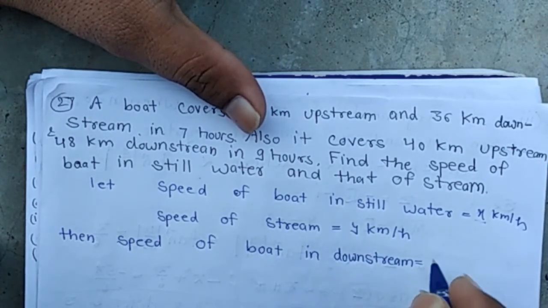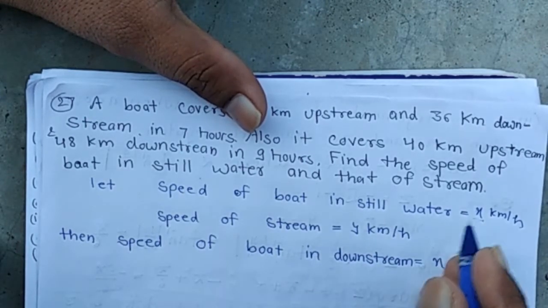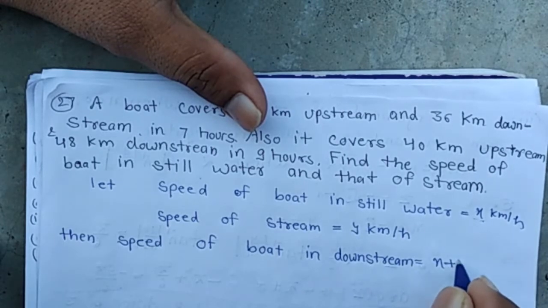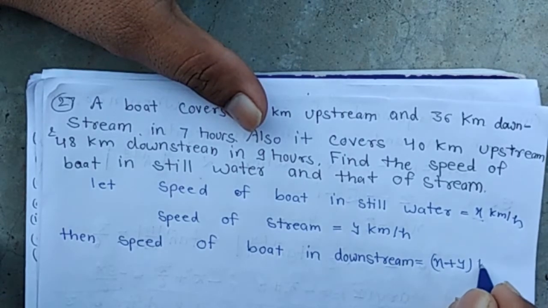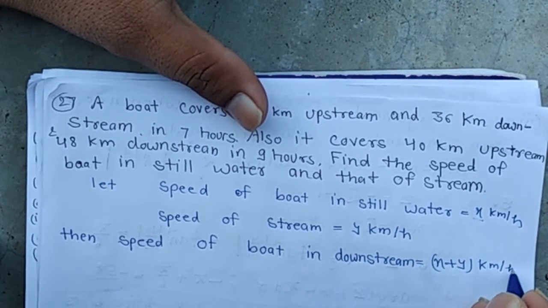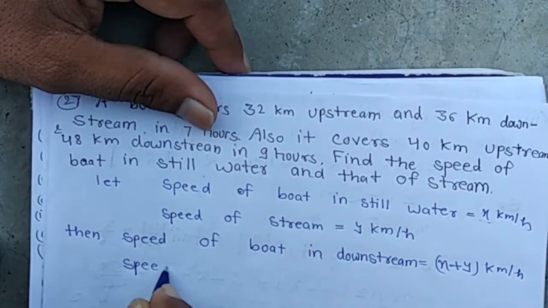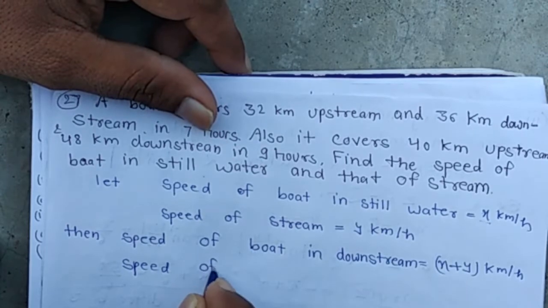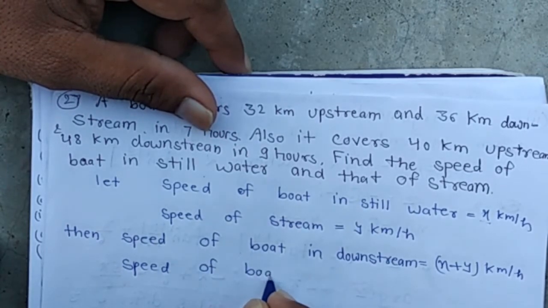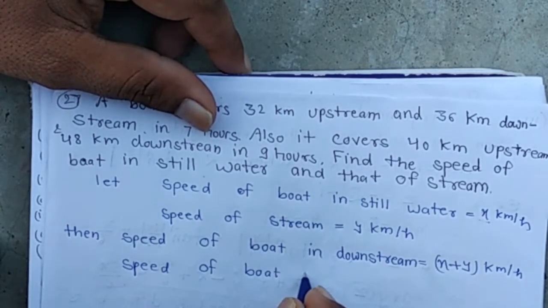Means the speed of the boat in downstream is x plus y kilometer per hour. Now the speed of the boat in upstream, upstream means धारा के विपरीत.